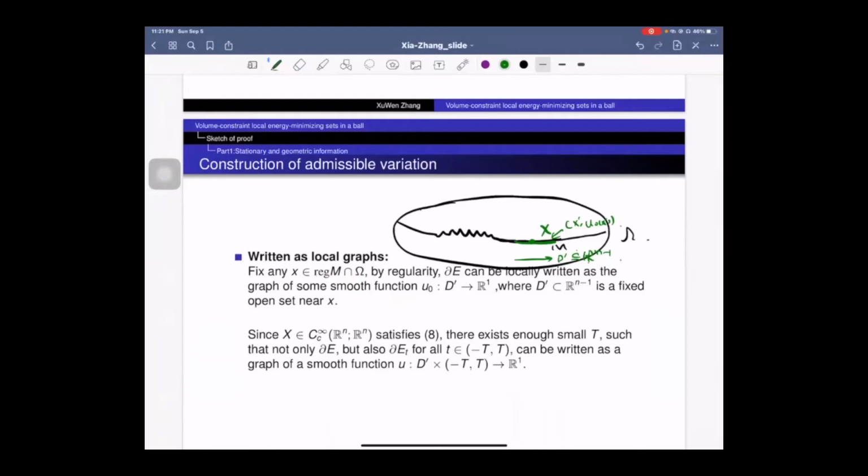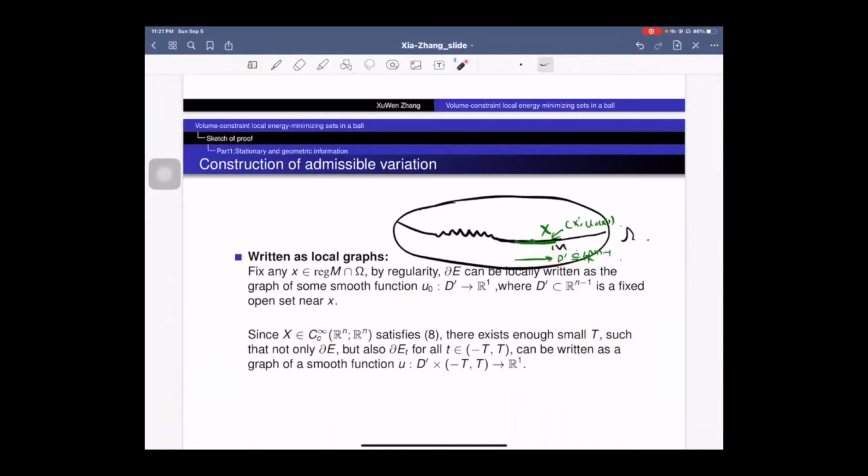Now, since our choice of X is a smooth vector field, so we can find a very small time t, such that not only the boundary of E, partial E, but also any boundary of ET can be written as a local graph.